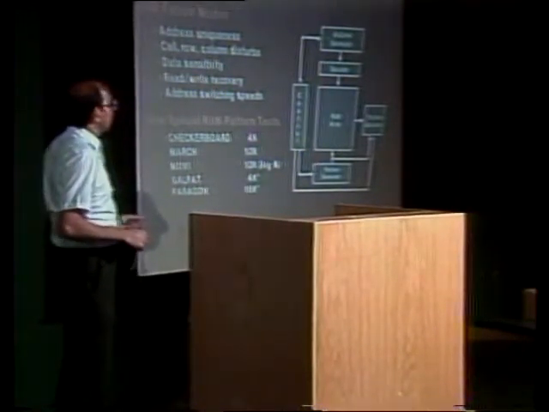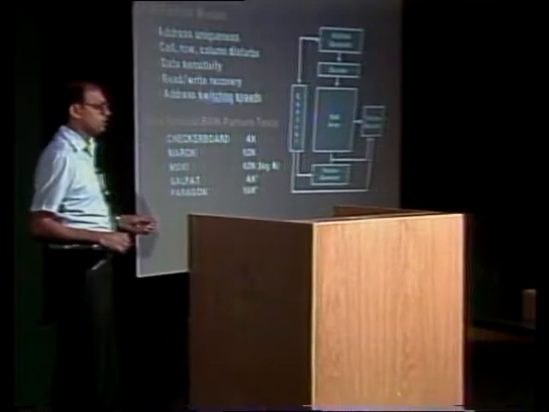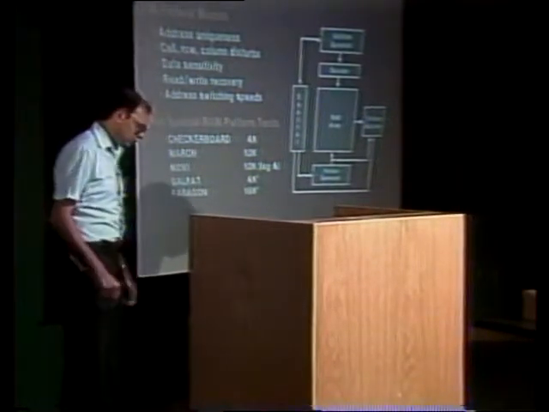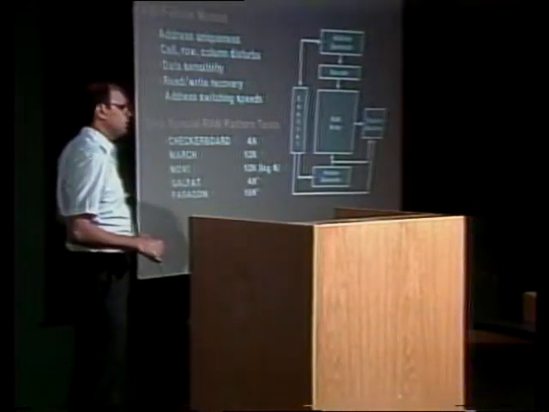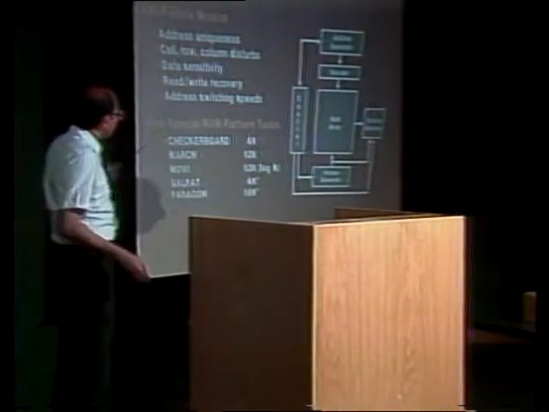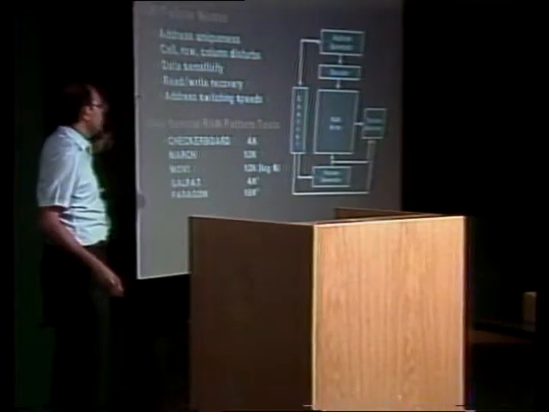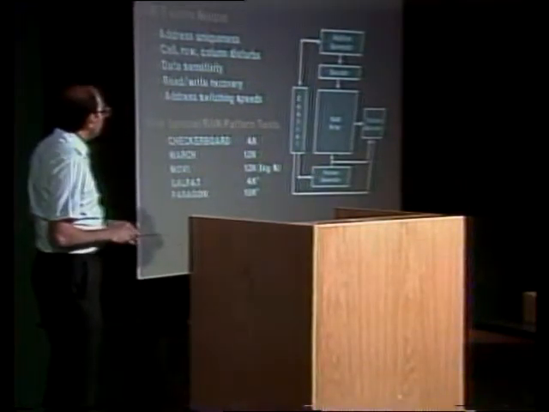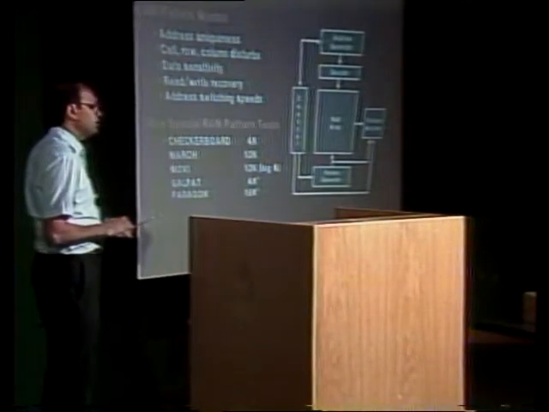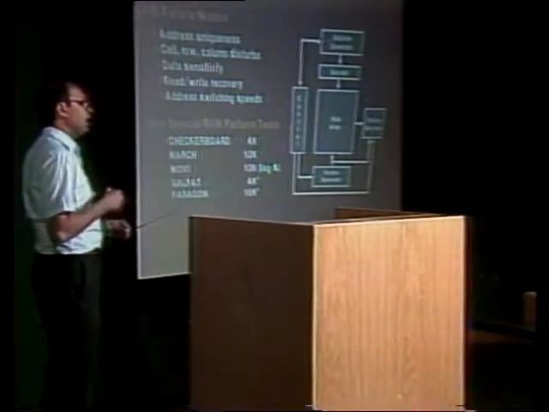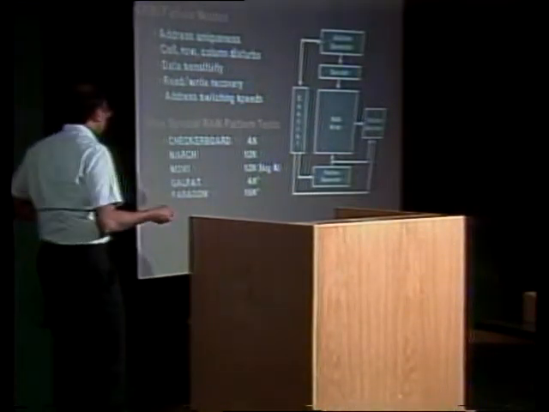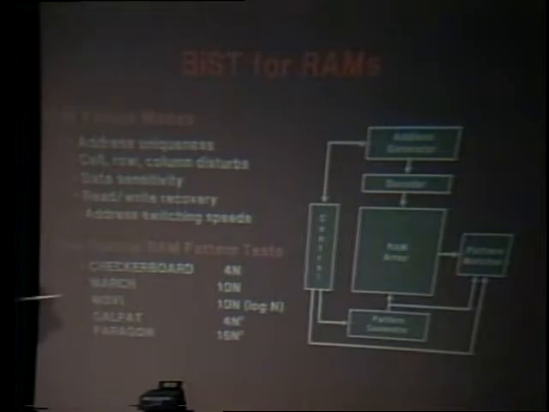So if you try to test those things with pseudo-random vectors, as we do with built-in, with Balbo type of techniques, you'll find that we may grossly fail to get reasonable coverage of this kind of failures. So what you have to do for random access memory is to use special RAM pattern tests. These are algorithmically generated tests such as checkerboard or march or moving pattern inversion, Galpat, or paragons.